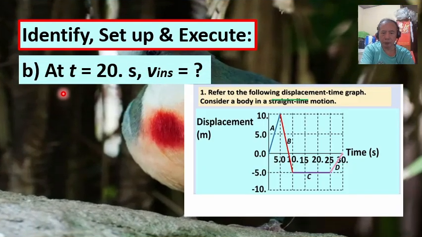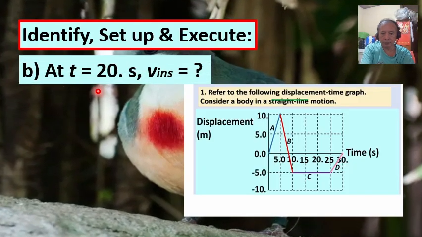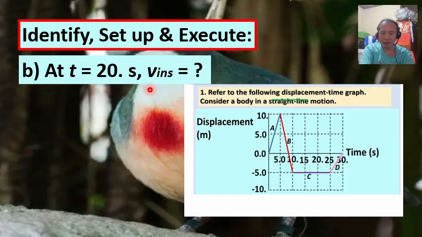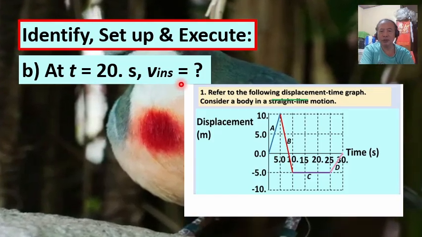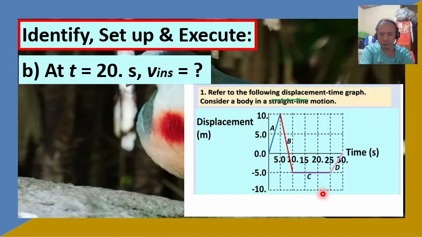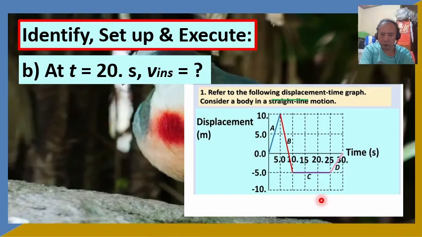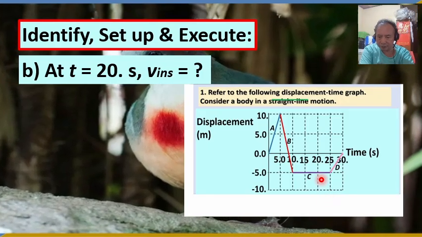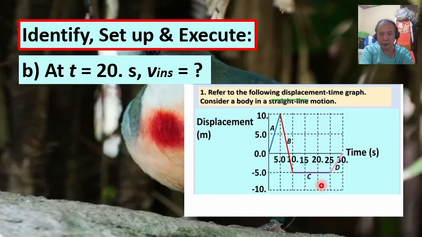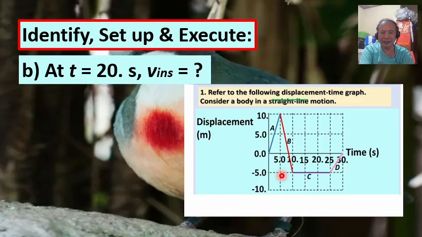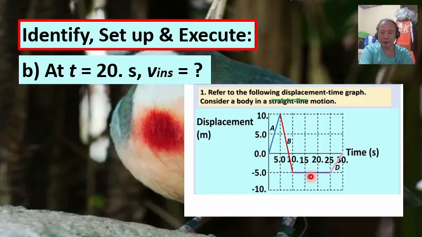Our second example is at an instant t equals 20 seconds. What is the instantaneous velocity of the body? So the time t equals 20 seconds actually falls within graph line C, right?